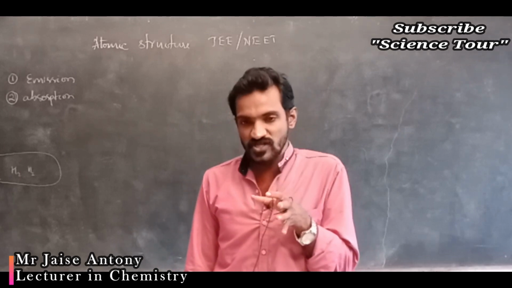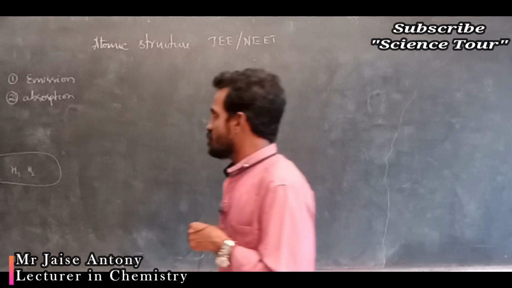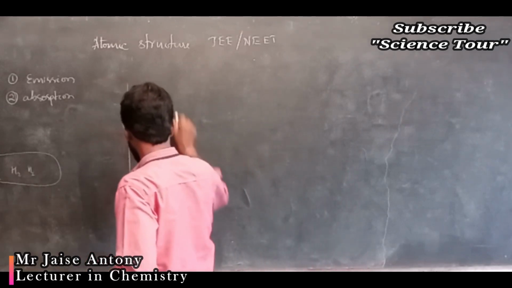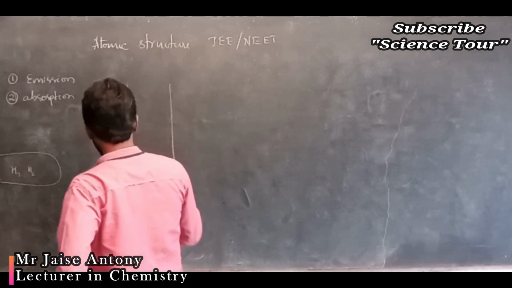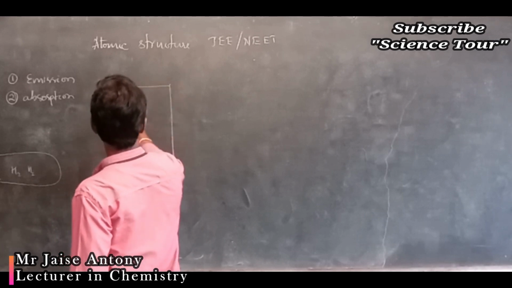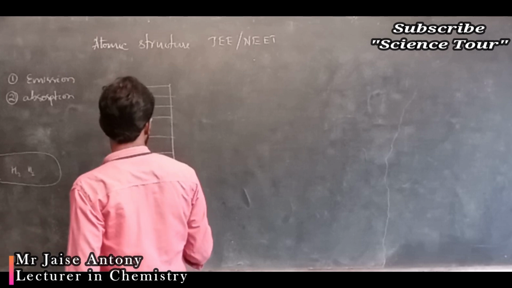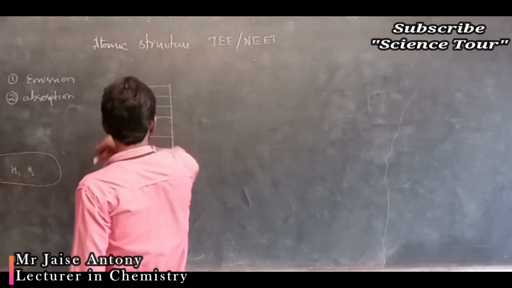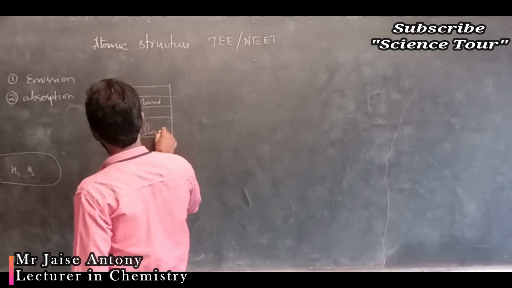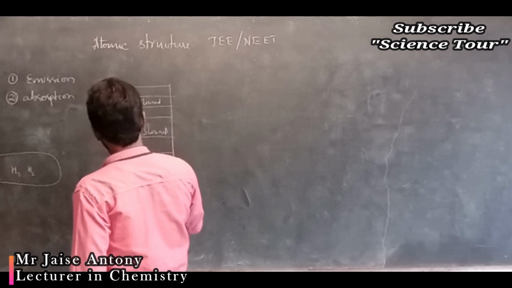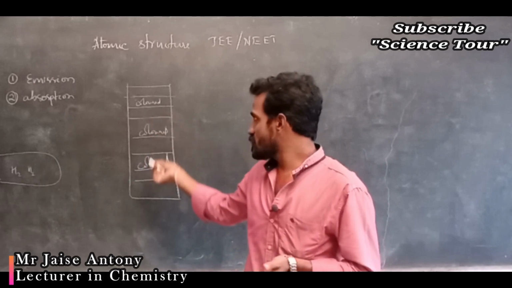So it is an example of emission spectrum. In emission spectrum, at the same time we studied line spectrum. If it is an emission spectrum, how does it look?